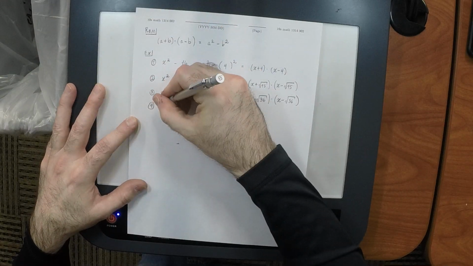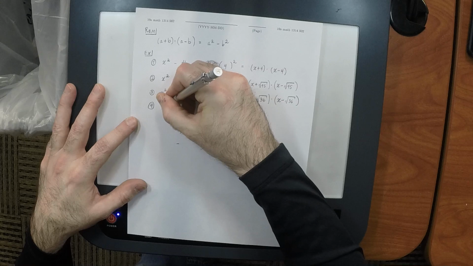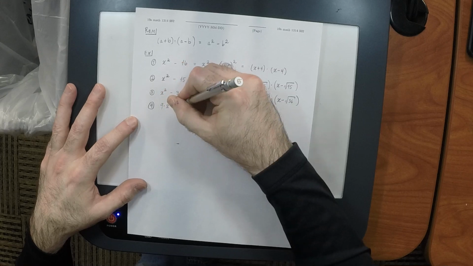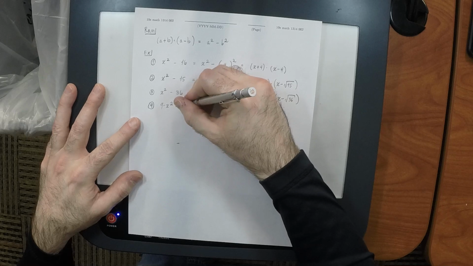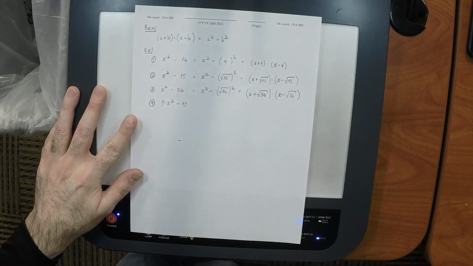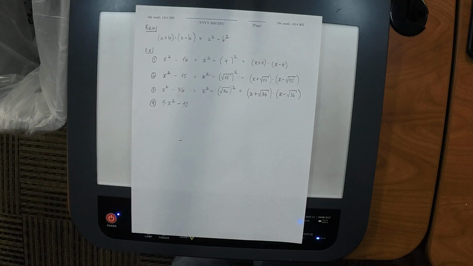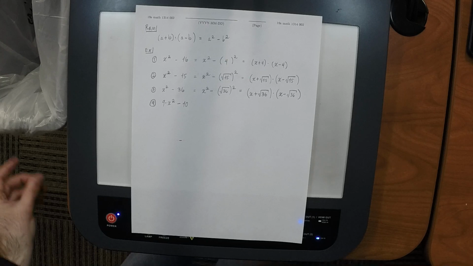So to that end, how about something like 9x squared, and then subtract, I don't know, 10. So we want to factor this. All right. So what we'd like is to express it as the difference of squares. Well, okay.